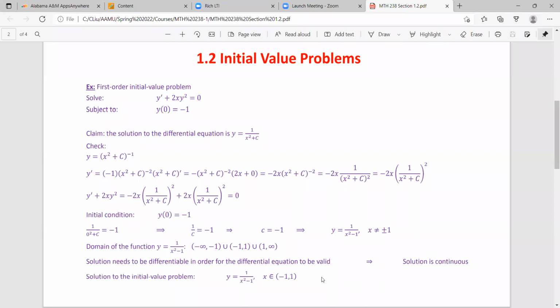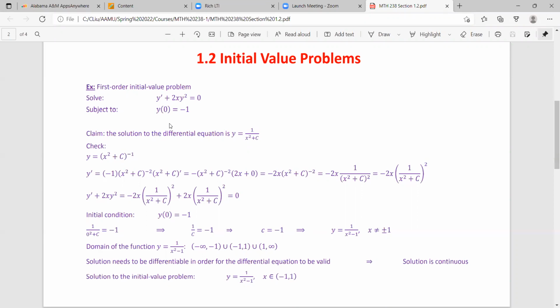Yes. If the equation wasn't subject to y0 equals -1, would we include the entire domain as a solution? No, it does not, because as I just said, the function has to be continuous to start, but it is not continuous at -1 and 1.